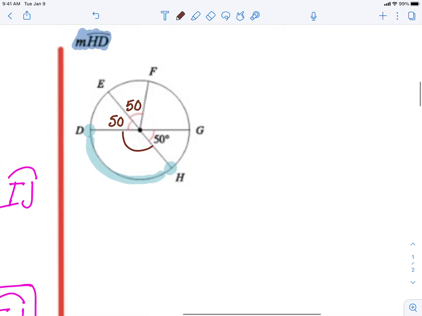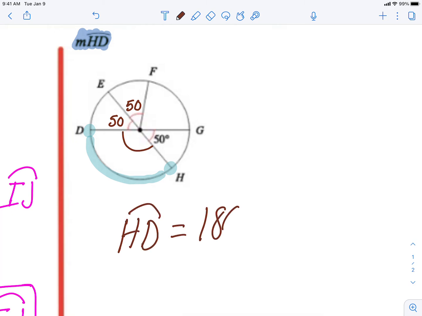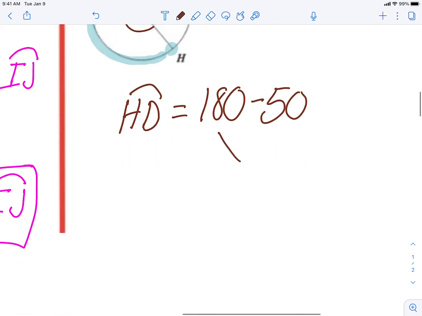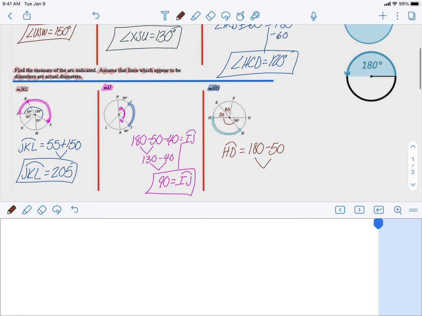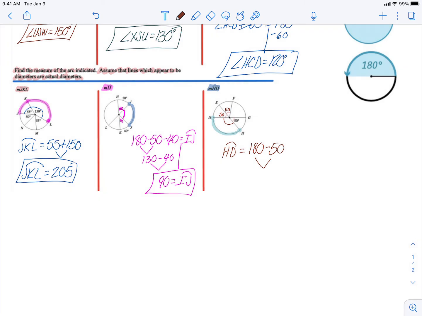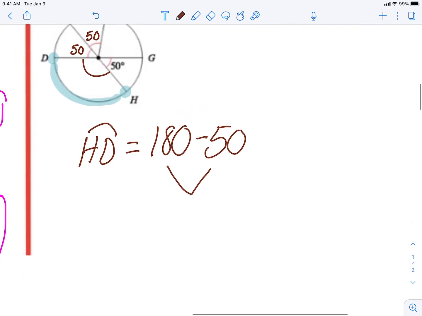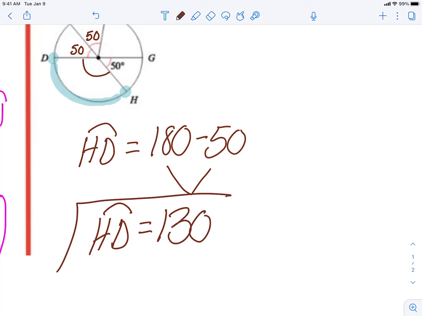So arc HD is equal to 180 minus 50. Oh shoot, what did I do? My bad. So 180 minus 50, we get arc HD is equal to 130, kiddos.